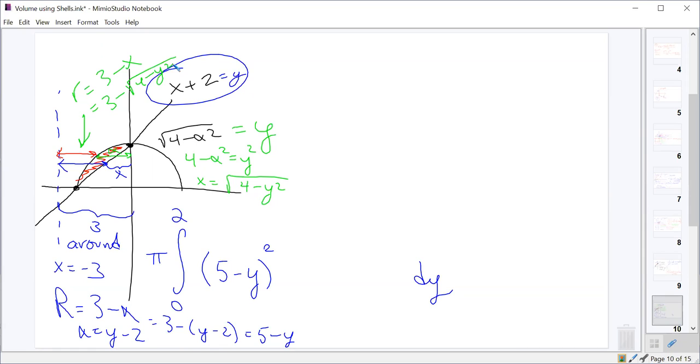We got to flip it around and turn it into terms of y. Good or no? Zoom, are you good with that or no? Yeah. Okay, so minus, and then it was 3 minus root 4 minus y squared, dy.